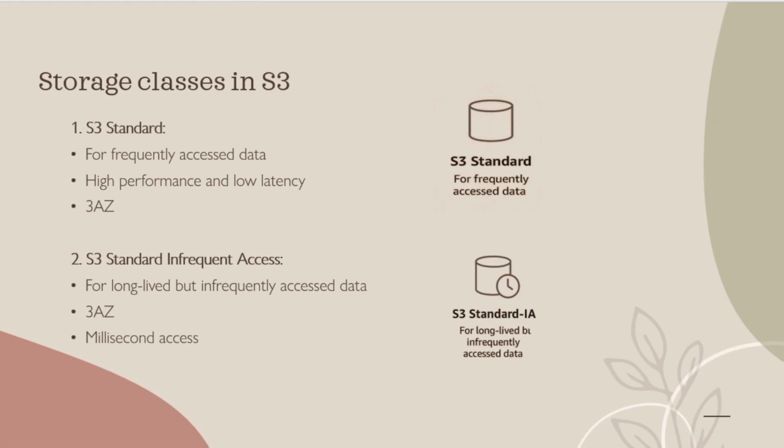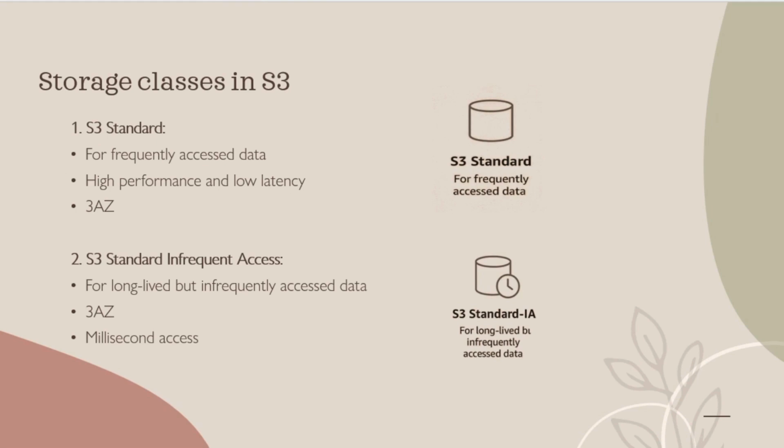It provides high performance and high availability because it has 3 availability zones. If one availability zone fails, we can use the remaining 2 availability zones, so it provides high redundancy, and the retrieval time is also very low compared to the other storage classes.